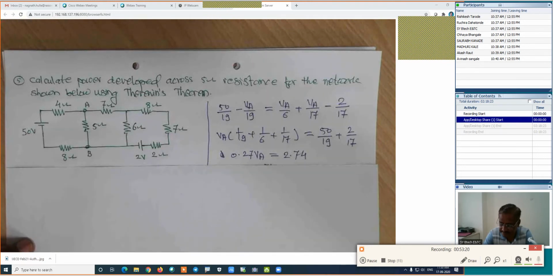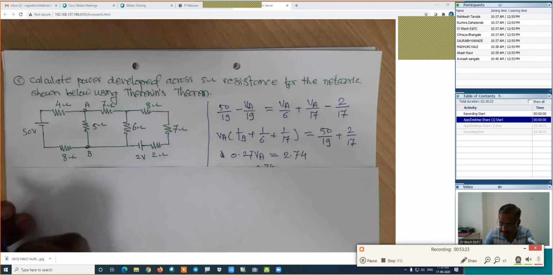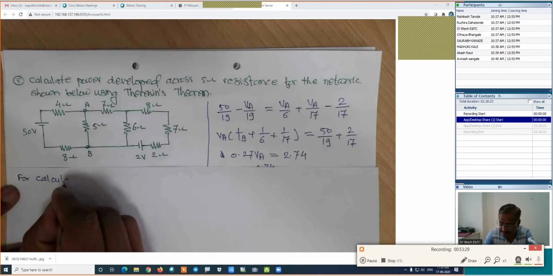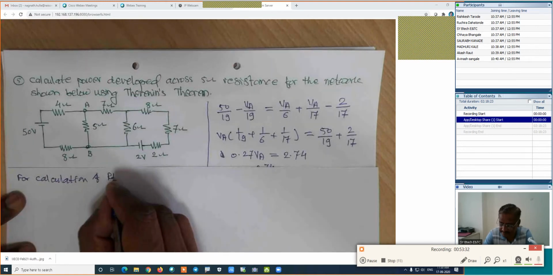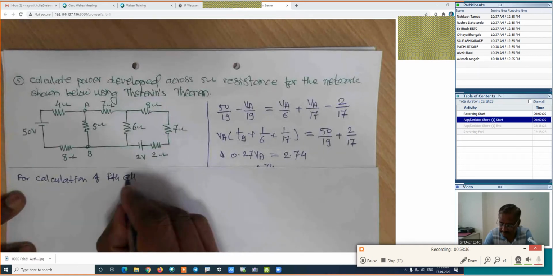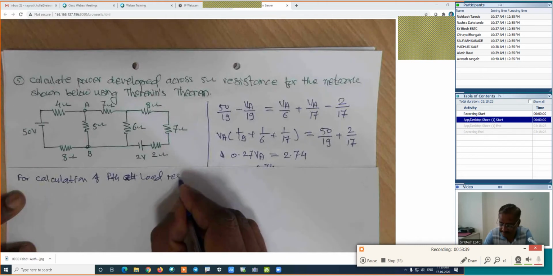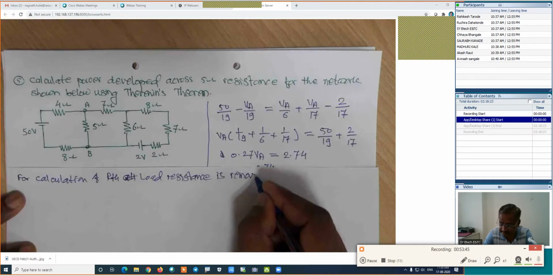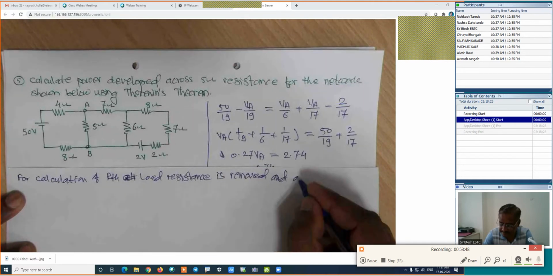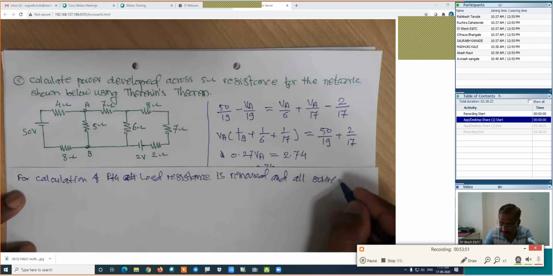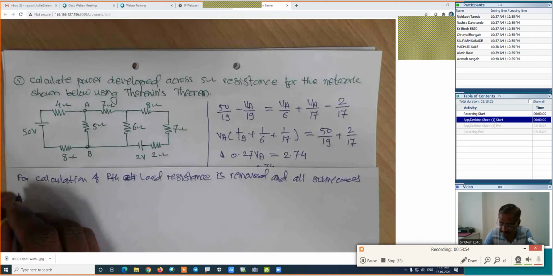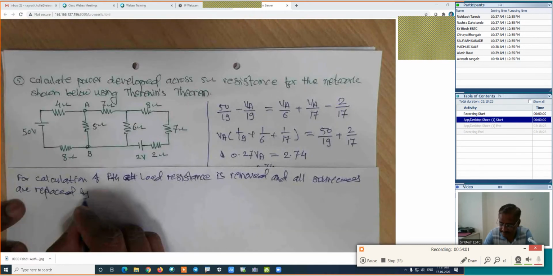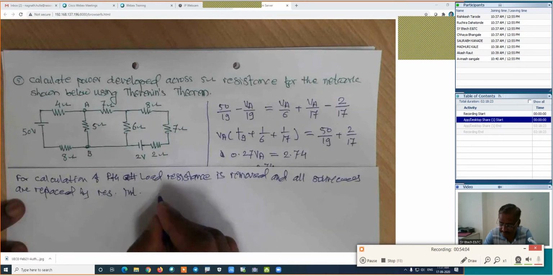For the calculation of RTH, the load resistance is removed and all sources are replaced by their respective internal resistances.